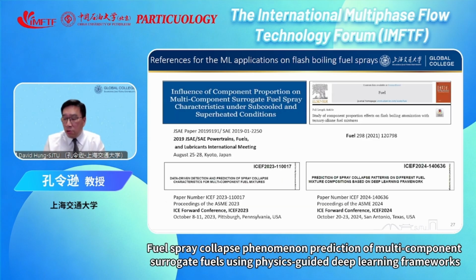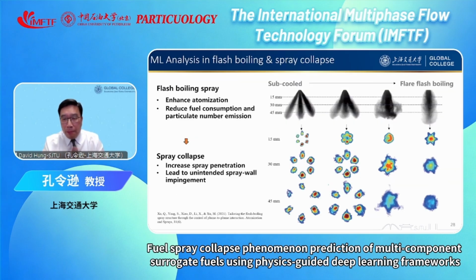So in the final 10 minutes or so, I would like to talk about our work on flash boiling spray using multi-component surrogate fuel. The work was published in Fuel and other conferences as well. Now, with the background that you have seen from Dr. Finotello and myself, you can immediately identify the spray pattern that we are seeing.